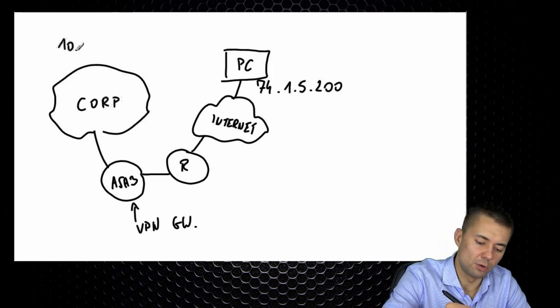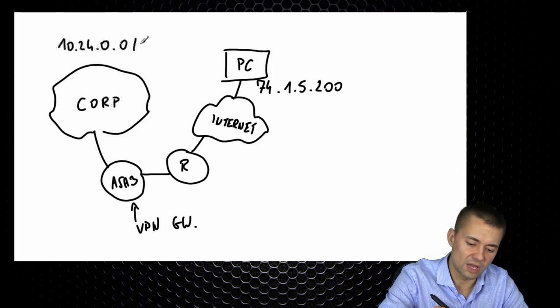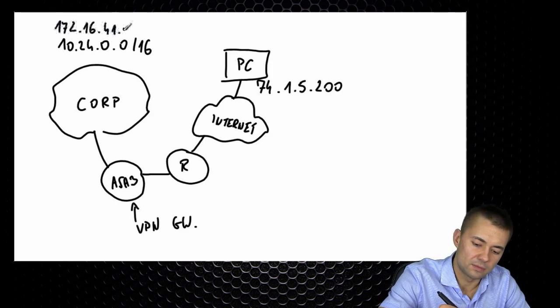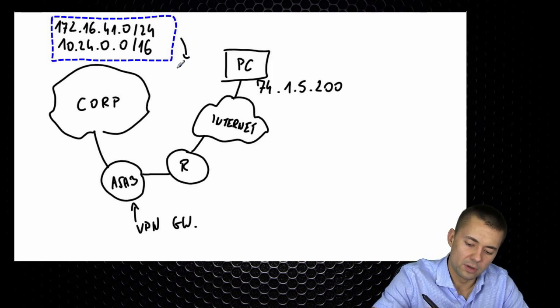with those subnets being used: 10.24.0.0/16 and 172.16.41.0/24. So these two are our split tunneling subnets.